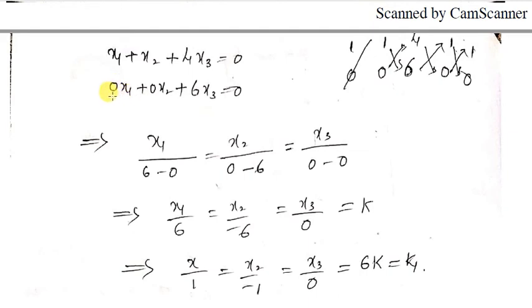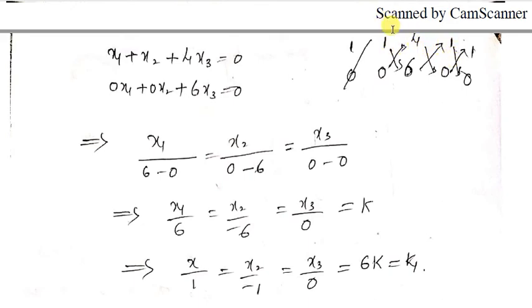In the second equation, the coefficients of x1 and x2 are zeros. So here I have written the rule of cross multiplication. To find x1, x2, x3, I have to consider all the coefficients, that is first, second, and third coefficient. Then again, I have to repeat the first two. Similarly, I have written all the coefficients of the second equation, then again repeated the first two coefficients. Let us cross the first column. Then I have applied the cross multiplication.